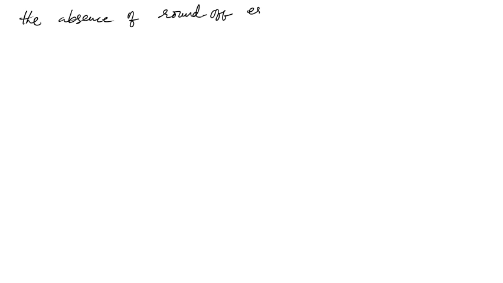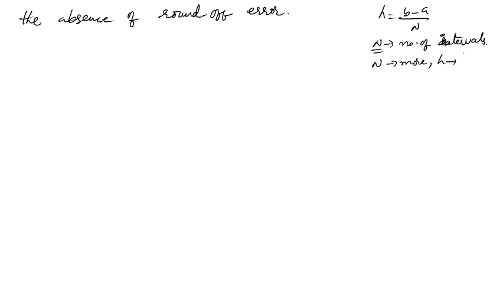Round off errors means we have to round after some particular point. What is meant by convergence? When I increase the number of mesh points, h equals (b minus a) by n, where n is the number of intervals. When n is increased, h becomes less. That means when the step size is very small, or the number of data points is more, the numerical solution must converge to the exact solution. That is the meaning of convergence.